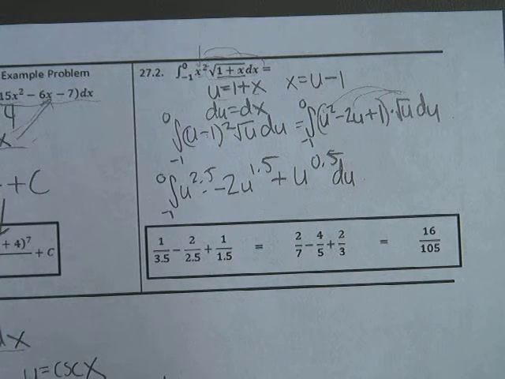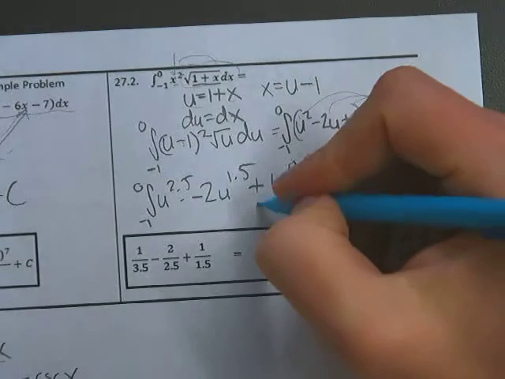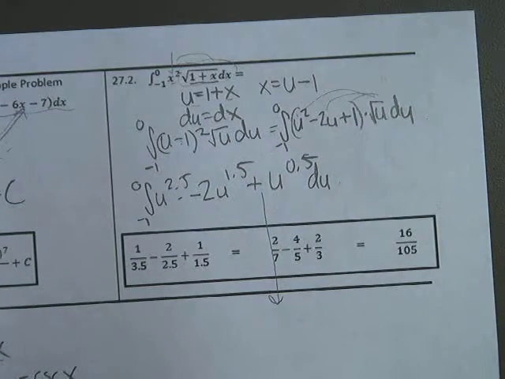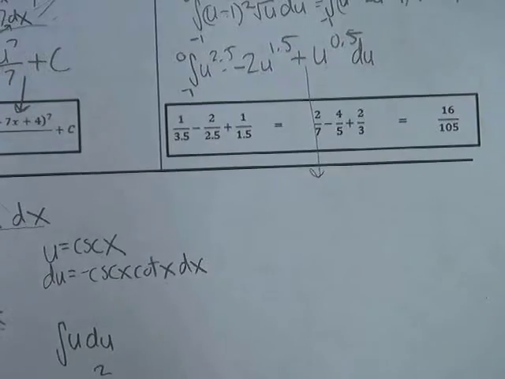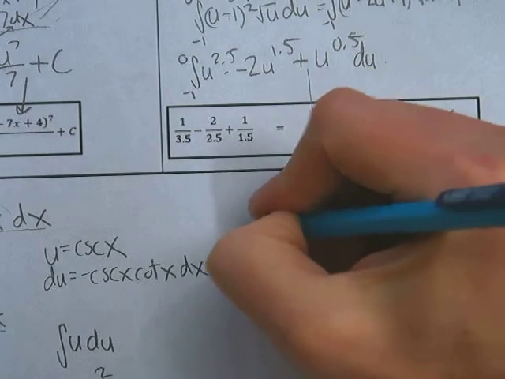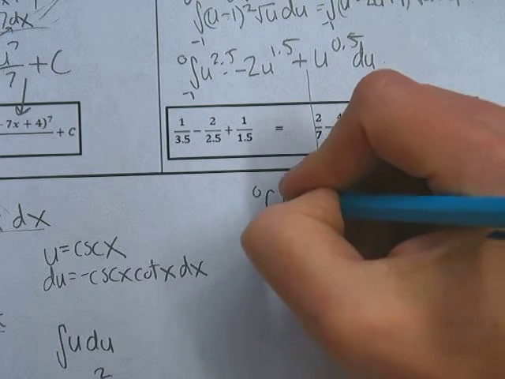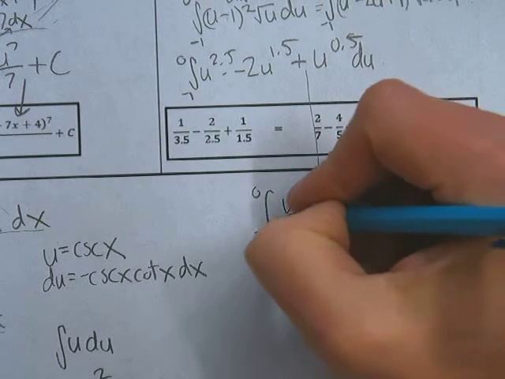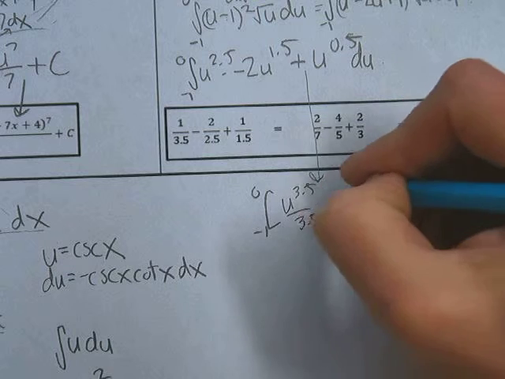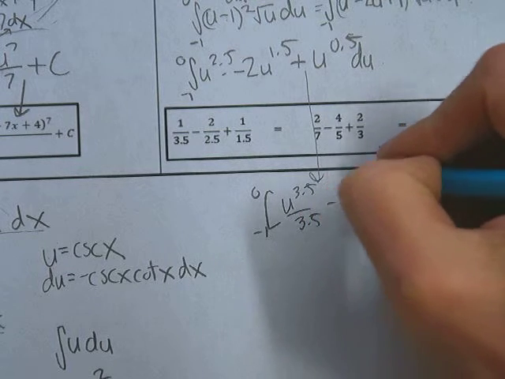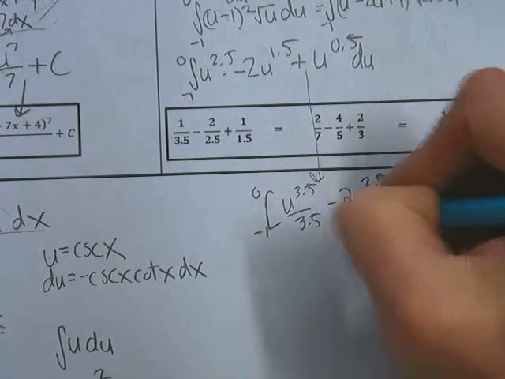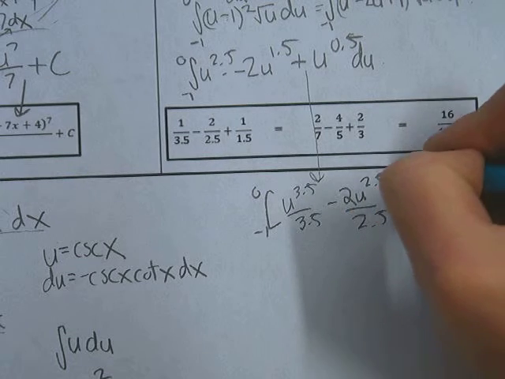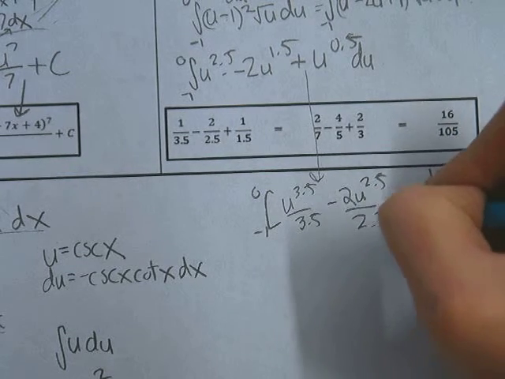All right, now since I've sadly run out of space, I'm going to continue down here. I'm going to integrate this. So I'm going to be plugging in -1 and 0 for u to the 3.5 over 3.5 minus 2u to the 2.5 over 2.5 plus u to the 1.5 over 1.5.